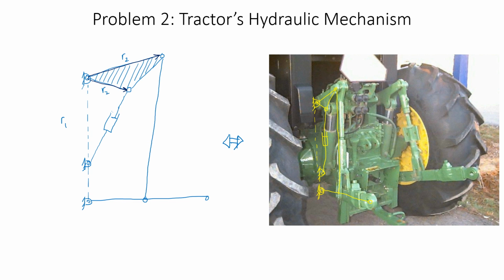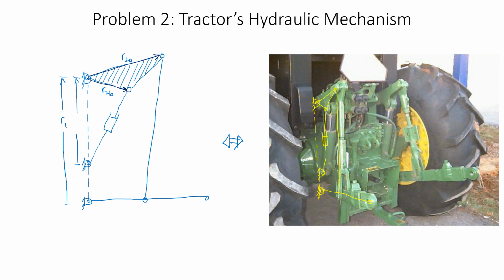So this R2 should be different from the R2 up there. So what I'm going to do now, I'm going to say that this is R2A, the first part of it, and this is R2B. Now similarly on the ground link, you can also observe that the ground link is not something straightforward. You can start from here and go all the way up to this point, and that would be somewhat different from if you start from, let's say, over here and go all the way to this point over here.